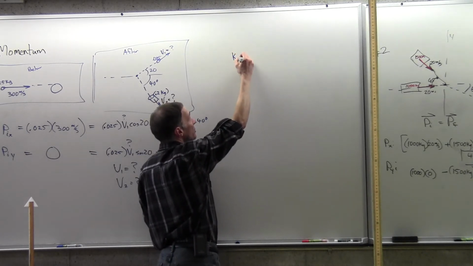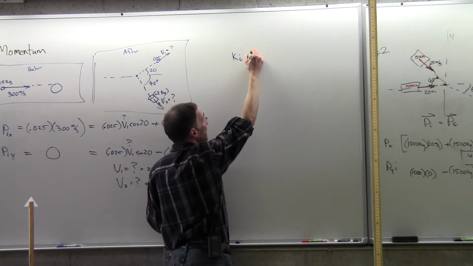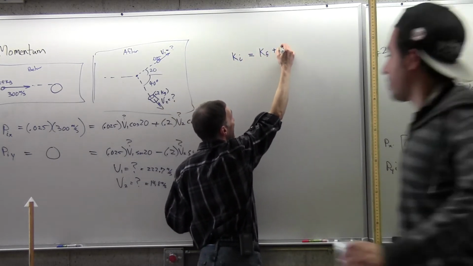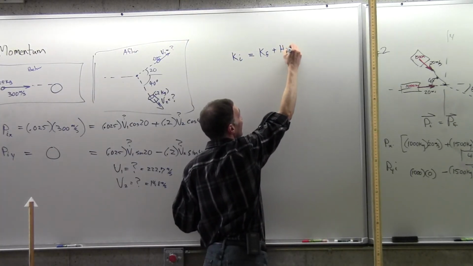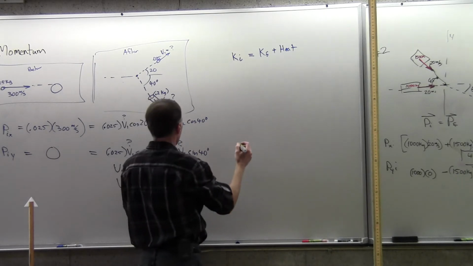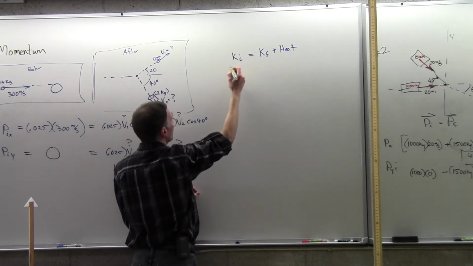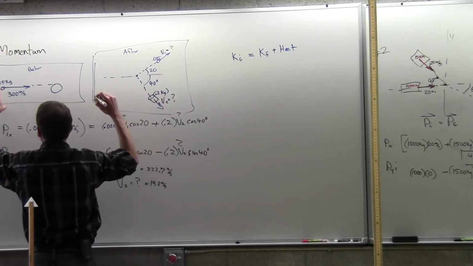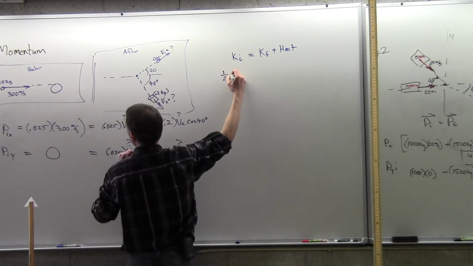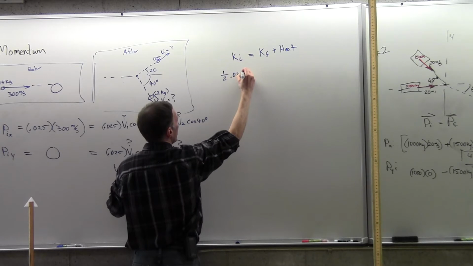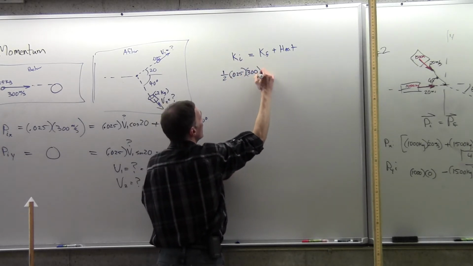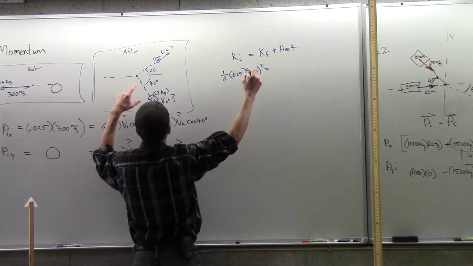The kinetic energy initial should be equal to your final kinetic energy plus any heat that you've generated. Does that make sense? It was just the mechanical energy. So we'd have the initial kinetic energy of the bullet itself. Okay, so that's going to be this 1/2 the mass of the bullet, 0.025 times v squared, 300 squared, is equal to the final kinetic energy.